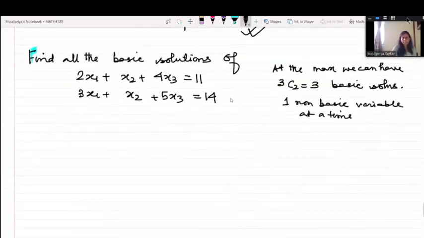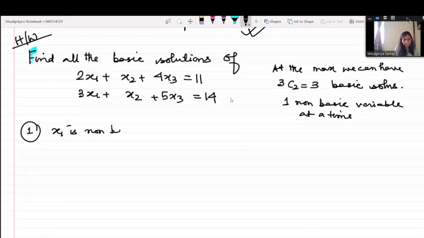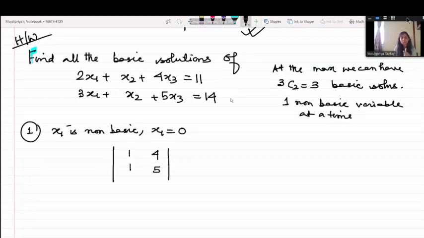So the 3 cases would be, although this is your homework, just I will have a quick discussion. First we will be assuming that x1 is non-basic. So we will put x1 equal to 0. That implies we will need to check whether the determinant of the variables x2 and x3, that is 1, 1, 4, 5, is not equal to 0 or not.